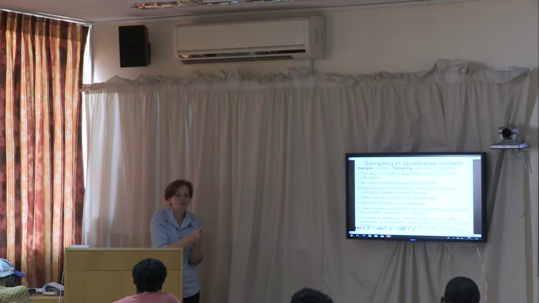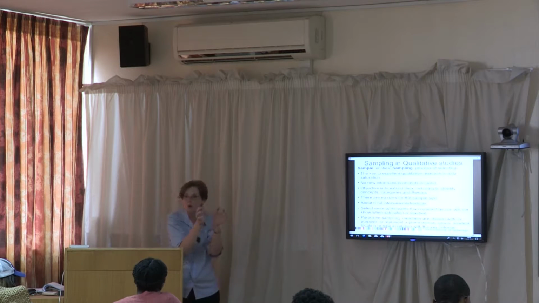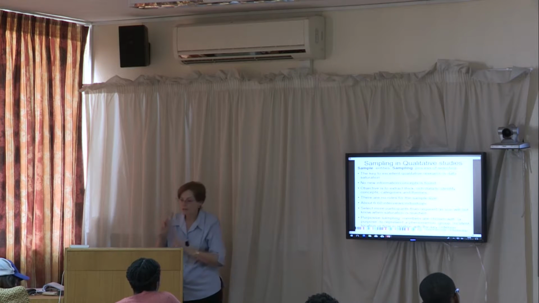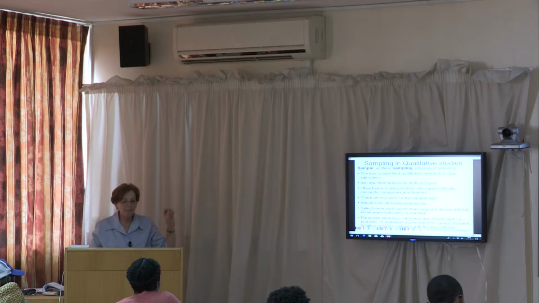Okay. And that means that is your sample. Those 20 or 50 or 100 or 500 students that you are going to select. That's your sample. The way that you are selecting them, we call sampling. So there it stands on the slide. The sample is your entities.